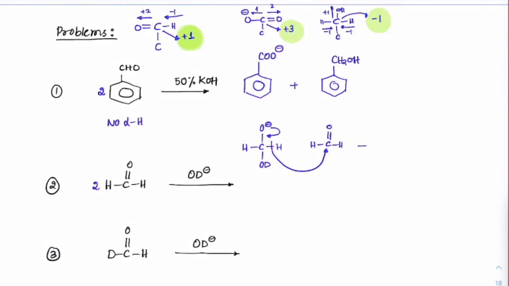So we will have this as HC double bond O, OD, plus CH2O minus, and this O minus is the one which will extract this proton. So what are the final products we have? HCOO minus plus CH2OD. These two are the final products. Keep working with me, everyone.